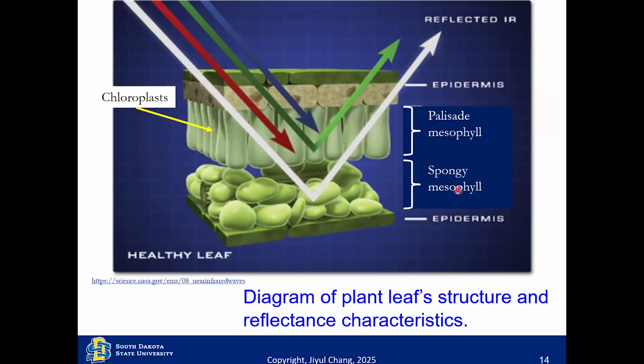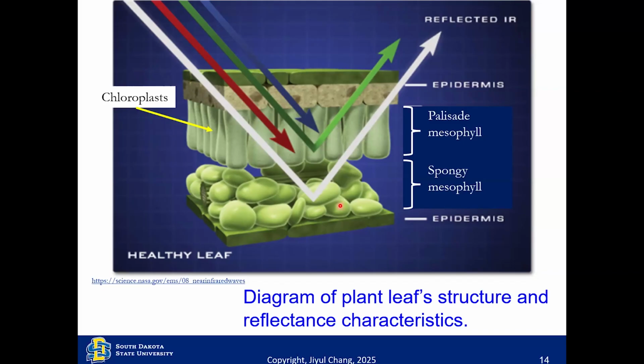The second layer, the sponge mesophyll layer, is totally different. The sponge mesophyll layer has big cells, and most of these cells contain water. If the plant is healthy, all the cells are filled with water and very tight. At that time, these cells reflect a lot of near infrared.